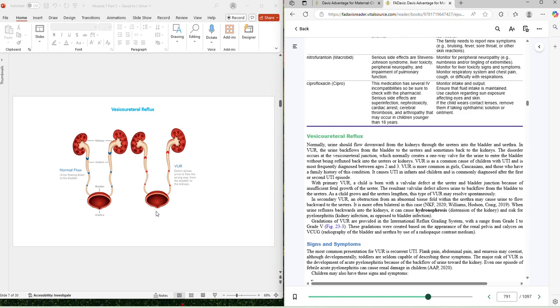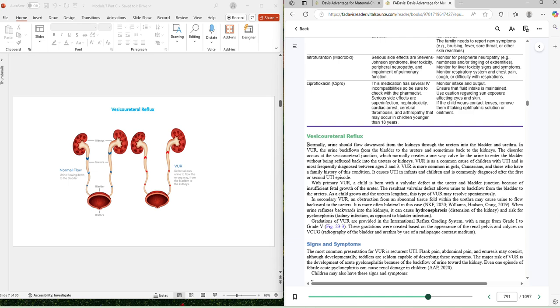When it's vesicoureteral reflux, it goes back up into the ureters to the kidneys. So, do we really want the waste product that comes to our bladder going back up into our filtration system? Absolutely not, okay? Make sure you understand what the VUR is, okay?